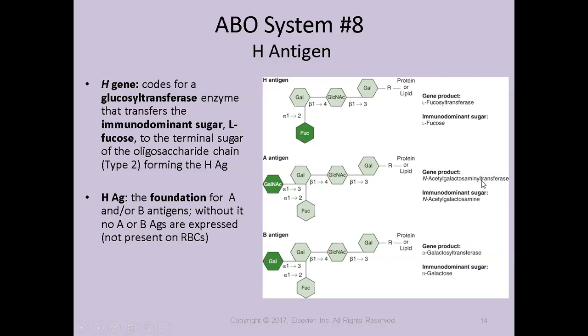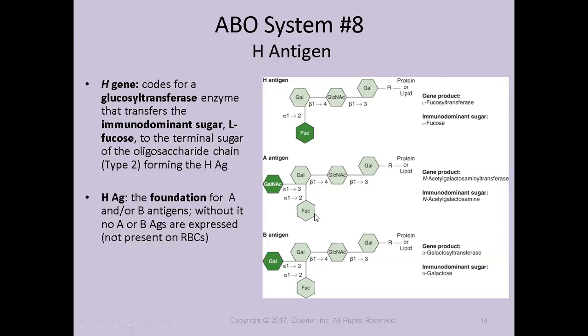But this transferase enzyme is going to transfer this sugar, N-acetylgalactosamine, and place it onto the L-fucose building block that we started with from the big H. So here's our building block H, and now when you have the A gene, it's going to add N-acetylgalactosamine, that's the abbreviation for that, to the structure that we have from the H antigen.